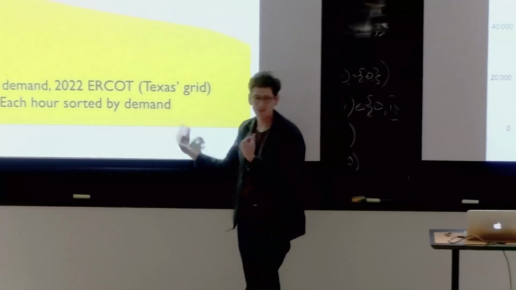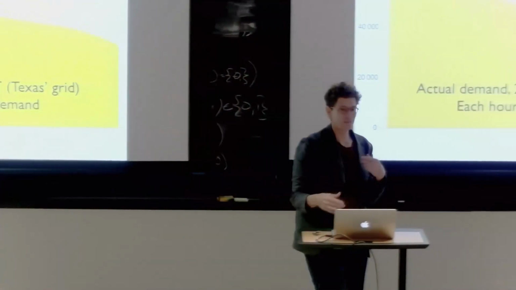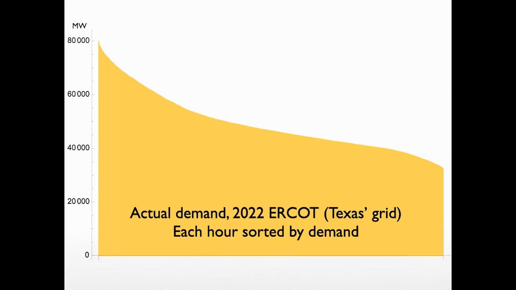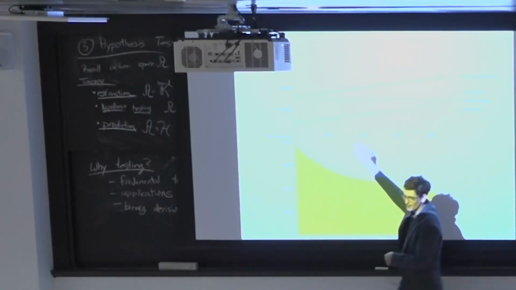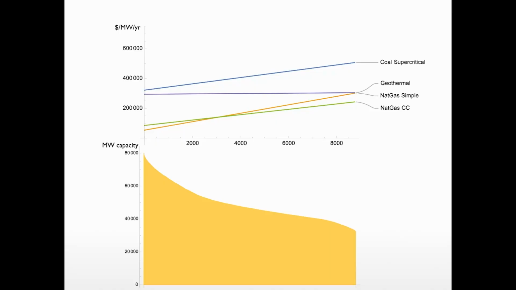Because I resorted the axis, I can now see how often I need a certain amount of capacity. Does that make sense? All right. So I can now put this plot, which is also the fraction of the year that I need a certain capacity, and I can draw lines going straight down, and I can see that here is the switch.